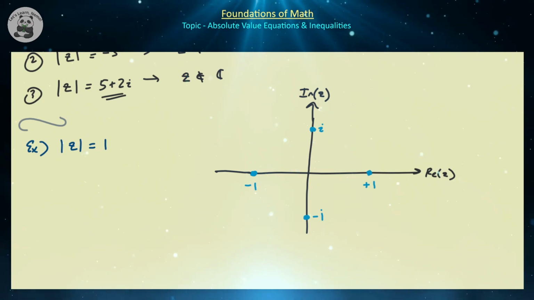But are there any others? Well, if you think about what absolute value means, it just means the distance to the origin. So obviously these points satisfy the distance being 1, but there's actually infinitely many more.